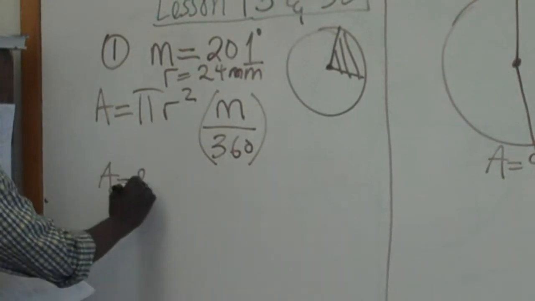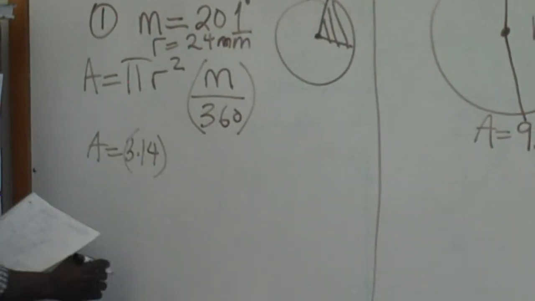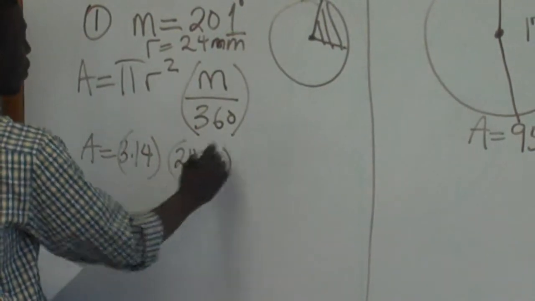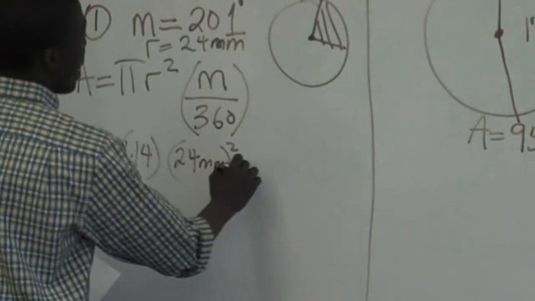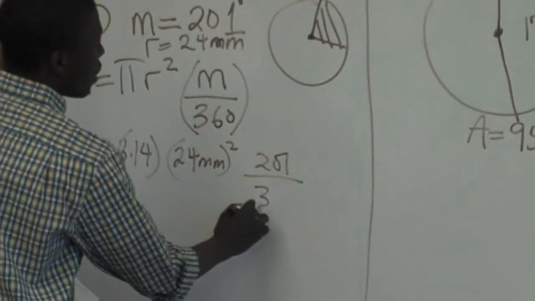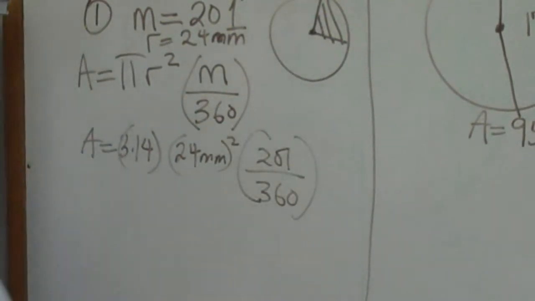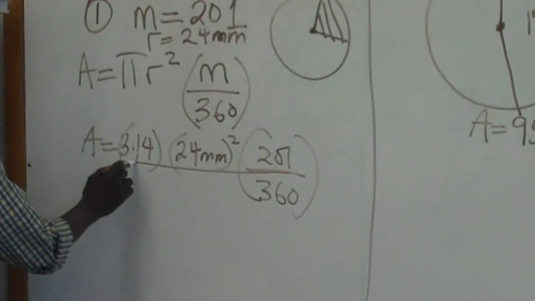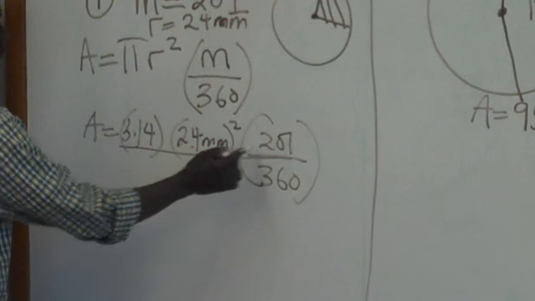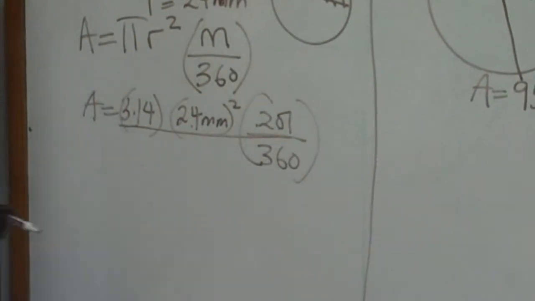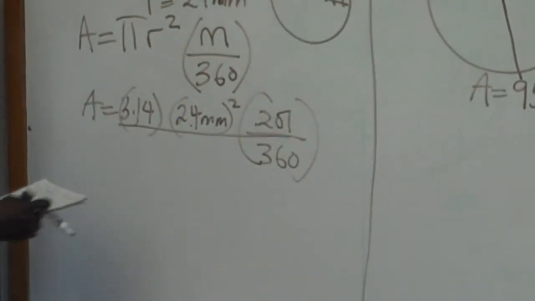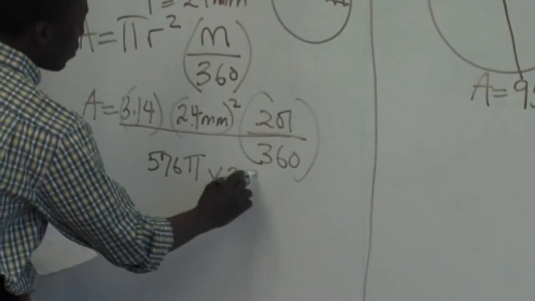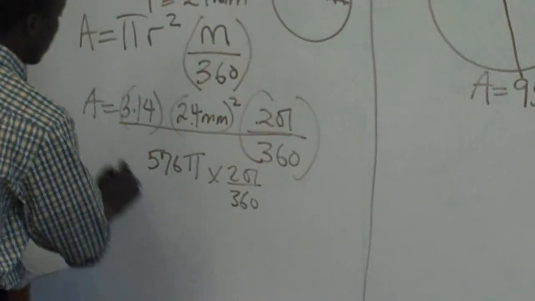So pi is 3.14, we'll use that as pi, and then r is 24 millimeters, so that's squared, and then m is 201, all over 360. Next thing you do, of course, is you simplify. The top is 3.14 times 24 squared times 201, all of that divided by 360. So basically it becomes 576 pi times 201 over 360.